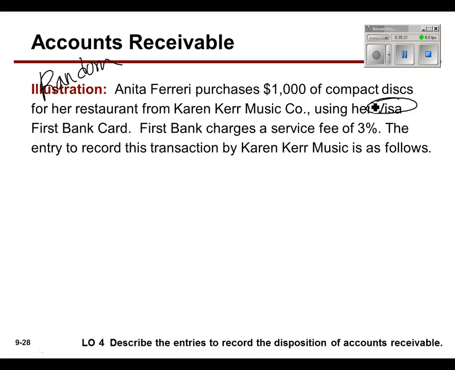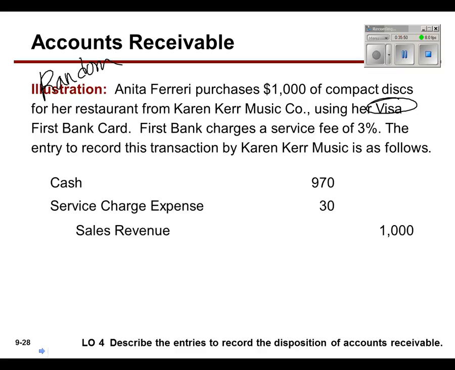Nope. If she doesn't pay her bill within X amount of days, why is she only getting $970 in cash? 3% or $30 of that total revenue that came in, she doesn't get to keep.